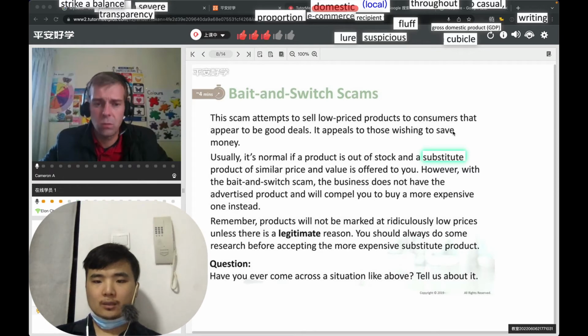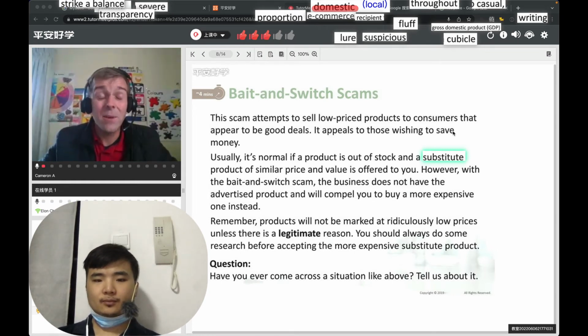You should always do some research before accepting the more expensive substitute product. Excellent. Well done, Elon.